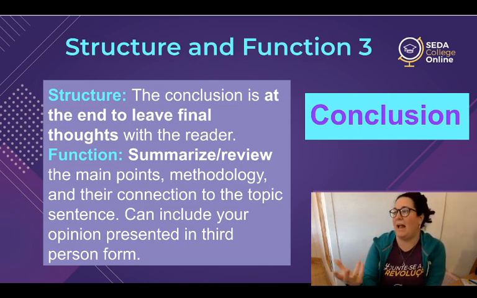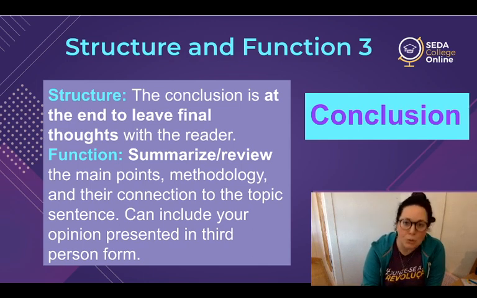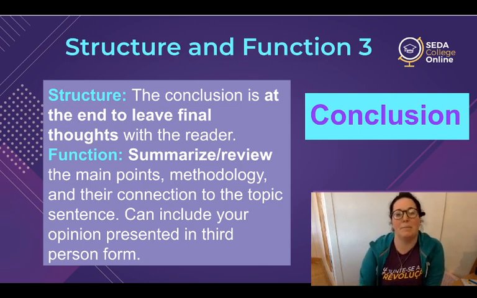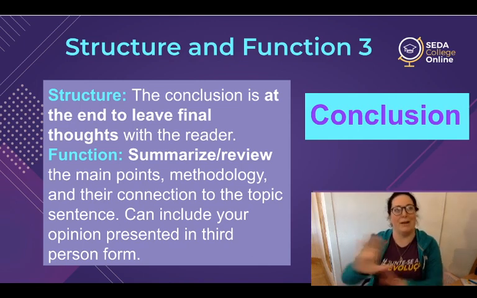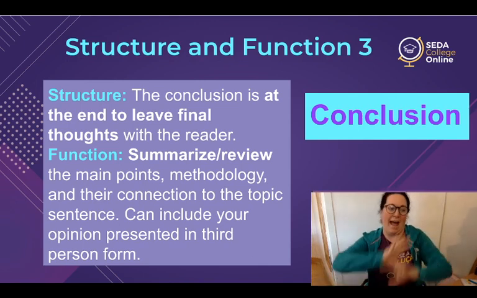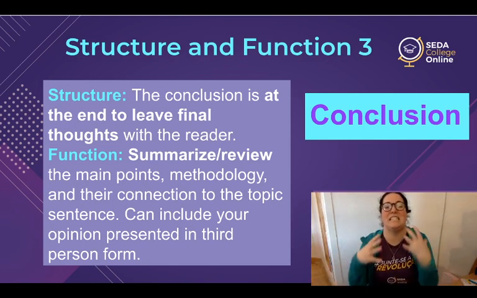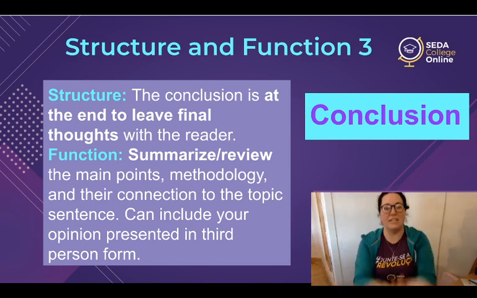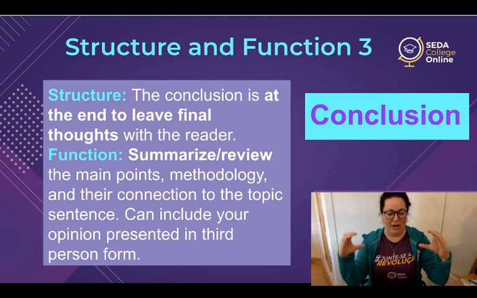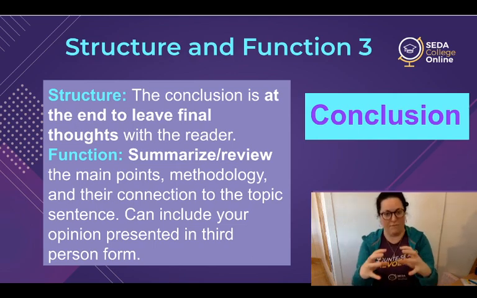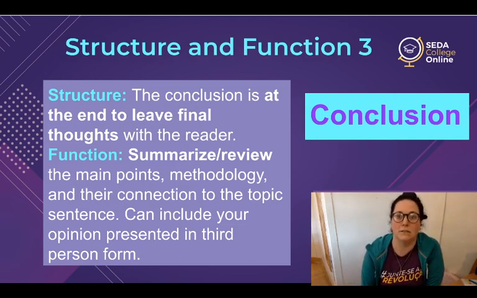One could say, one could assume, etc. That's how you're going to make that opinion known at the end of the expository essay in a third person and objective kind of way. It's still your opinion, but you're putting it out there after all the evidence, after everything is said and done. When everything's been presented to the reader, you're making that final idea.